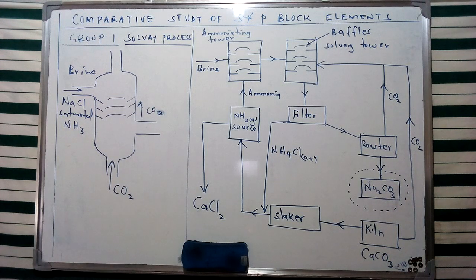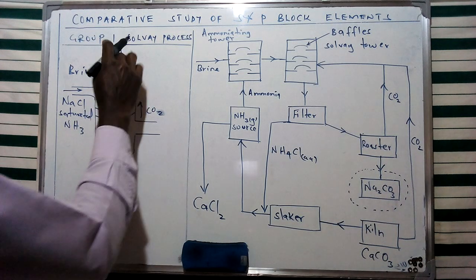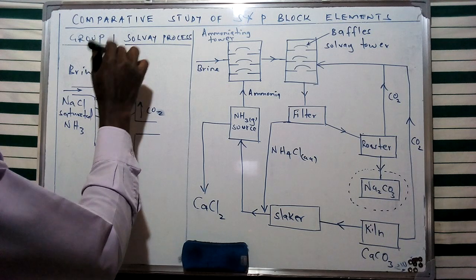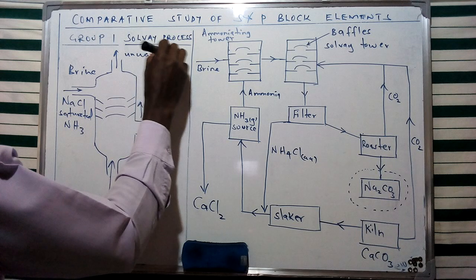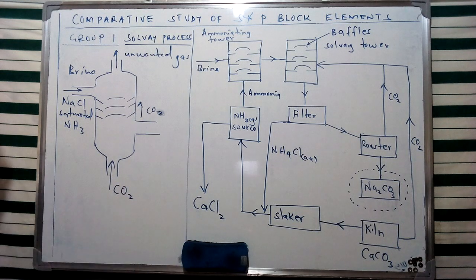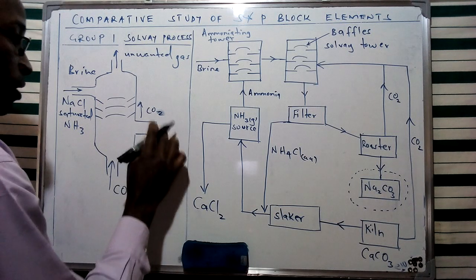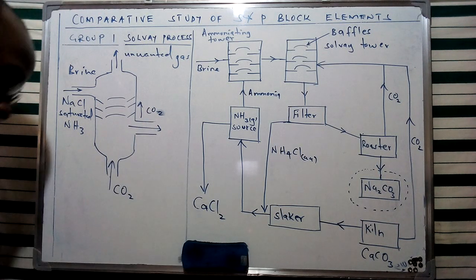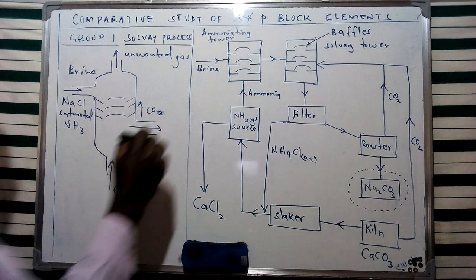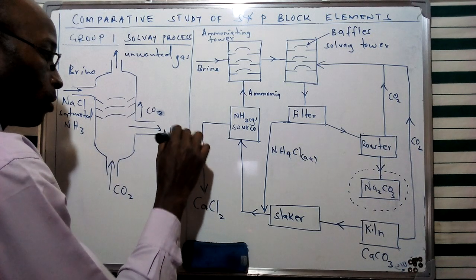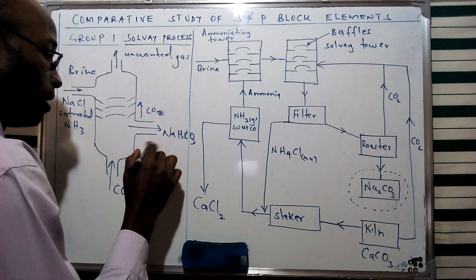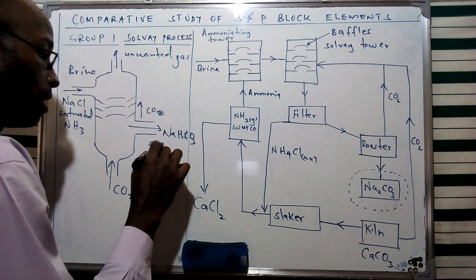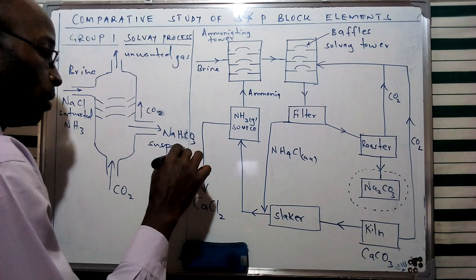There are some unwanted gases which are going to be produced as byproducts, and we are going to see this one being emitted at the top of this specific chamber. Therefore, there's going to be a product of sodium hydrogen carbonate which is going to be produced at this specific point, and it's going to appear in the form of a suspension of sodium hydrogen carbonate being given at this lower section.